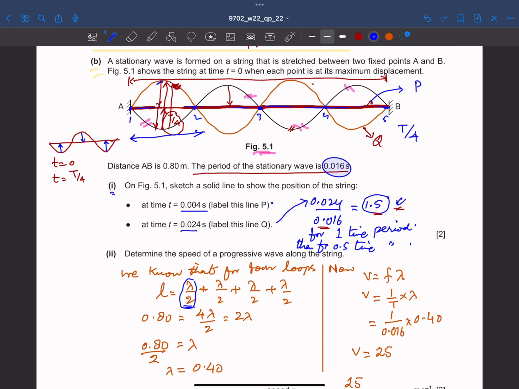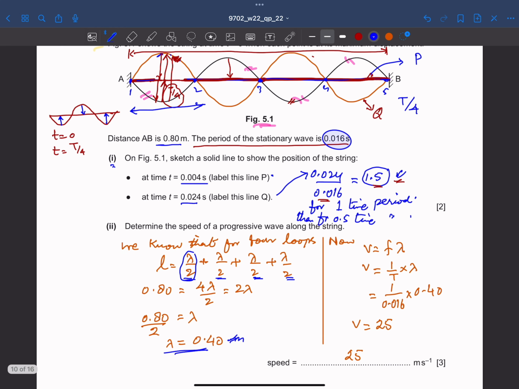So this is lambda by 2, four times, which is equal to the length. You get the value of lambda using the length given here, which is 0.80, so lambda is 0.40. Of course, meter is the unit here.